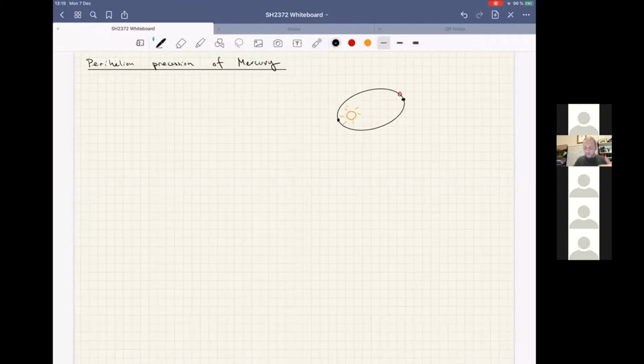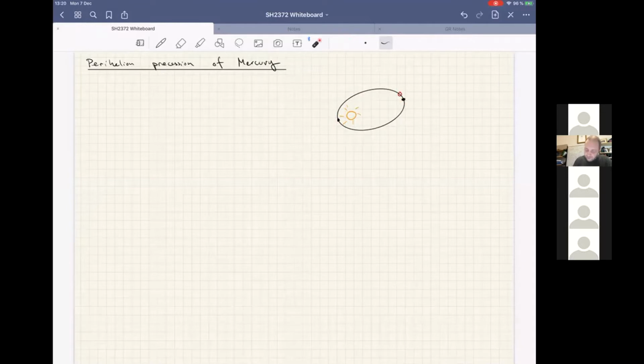And since in Newtonian gravitation these ellipses are closed, this means that every lap that this planet makes in this orbit, of course, the eccentricity of this ellipse is slightly exaggerated here. It's much closer to an actual circle.